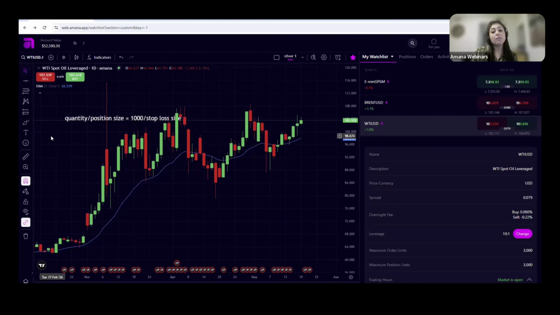So 1000 divided by 5 is the number of barrels I should be trading to restrict my risk to $1,000, which is 200 barrels. So if I trade 200 barrels, and my stop loss is hit, if I'm wrong, I will just lose $1,000, which means that in that case, leverage is not important anymore.